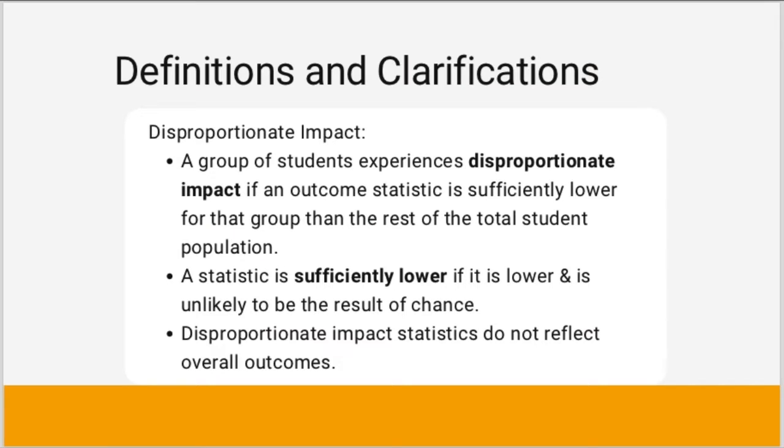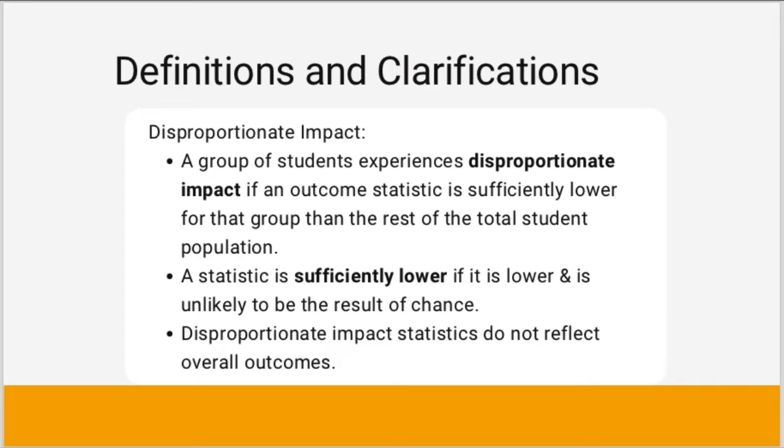We say that a group of students experiences a disproportionate impact if an outcome statistic is sufficiently lower for that group than the rest of the total student population, meaning the population of students that are not in that group. Note that in this definition, we assume that the outcomes are desirable. So that's why we say a sufficiently lower outcome statistic.